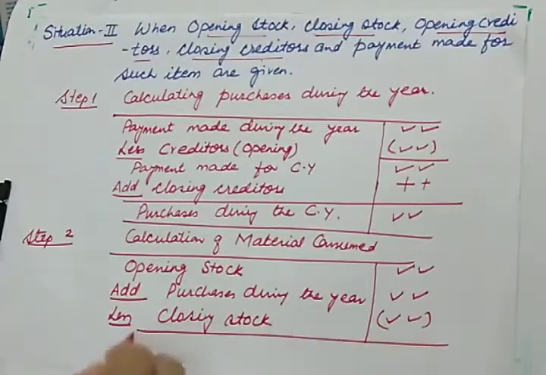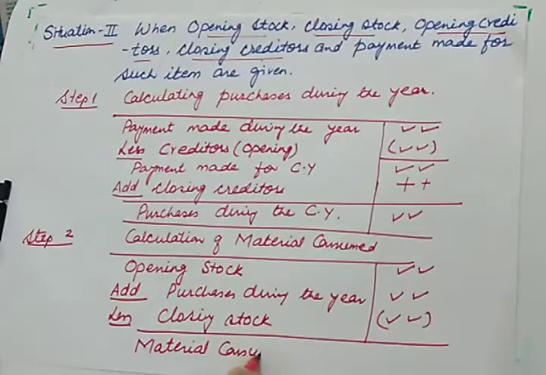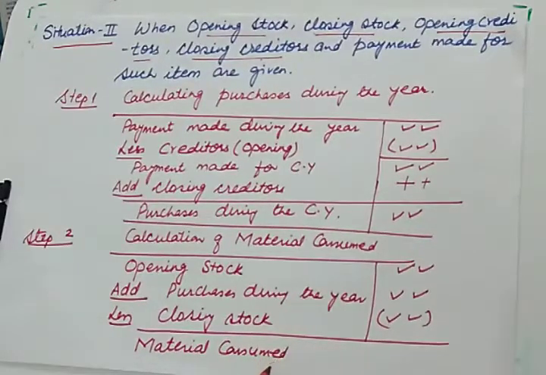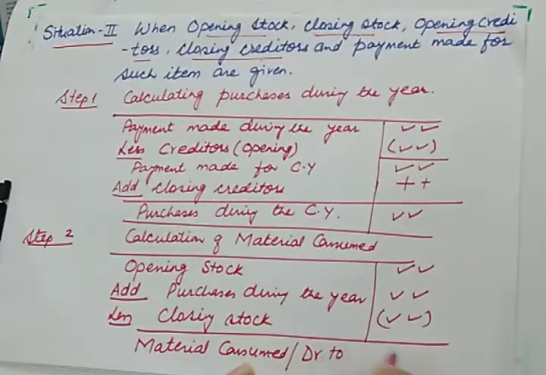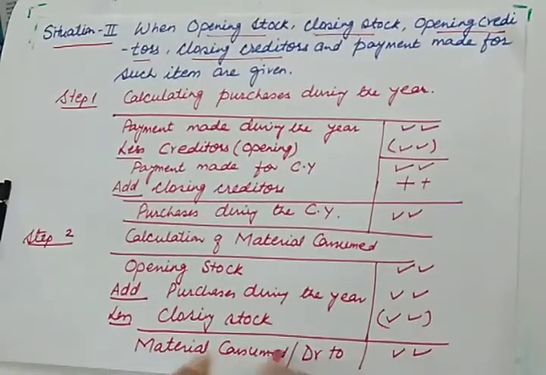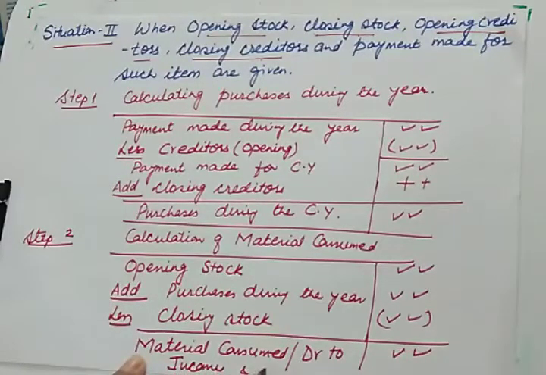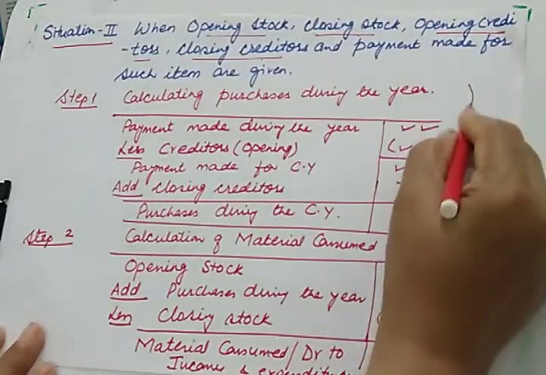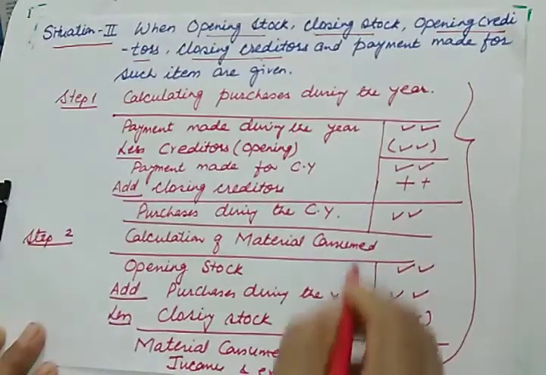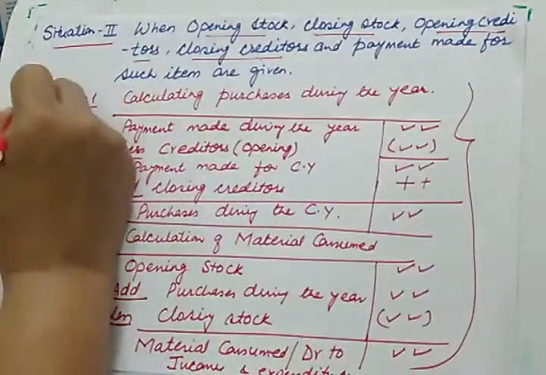And after that we'll get material consumed during the year, or we can call it the amount to be debited to the income and expenditure account. So this was the statement method, method 1.